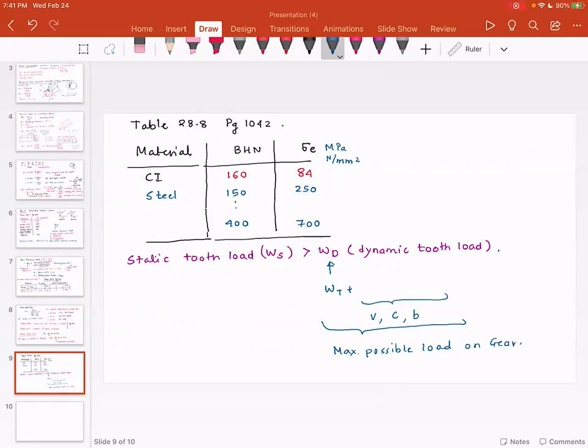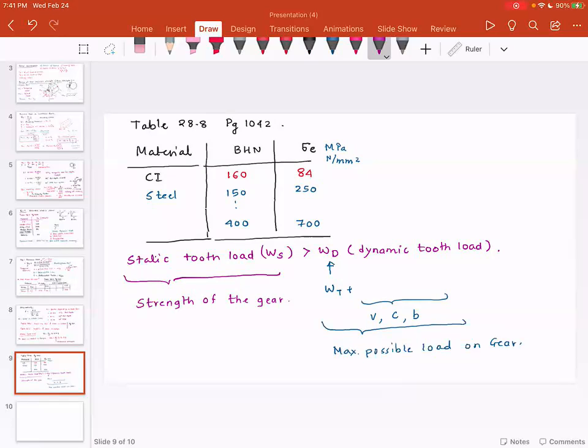And static tooth load is nothing but the strength of the gear. What that means is, depending upon the material that I choose, depending upon the hardness that I specify, my sigma E is going to be different.